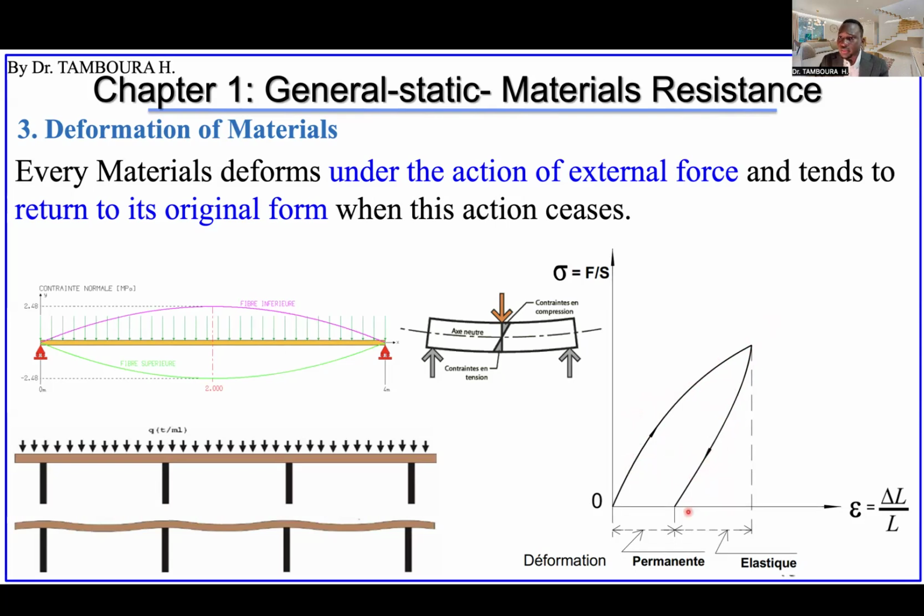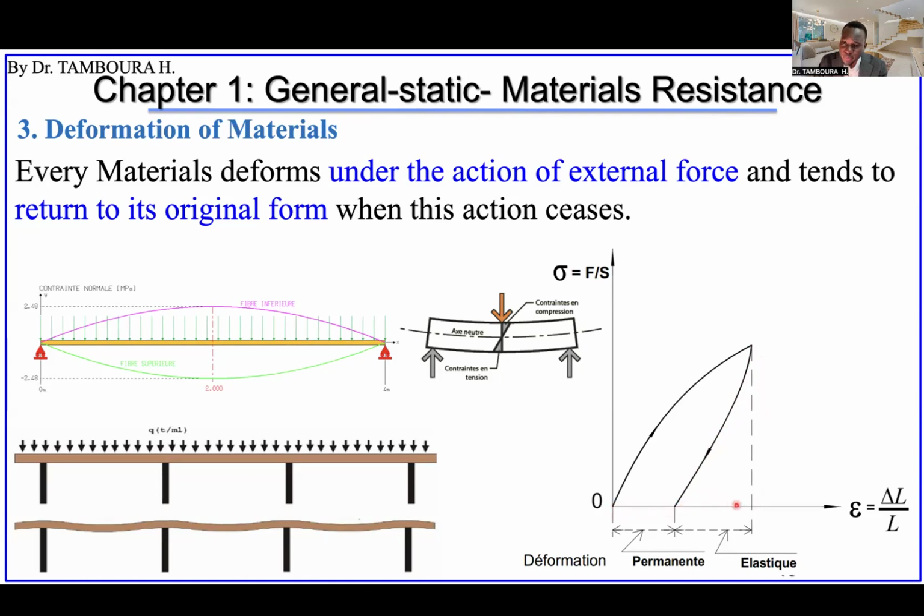It means in this case, from here to here, the corresponding deformation caused is this total amount here. However, when you stop applying load here, the material came back here. At this point, the load applied is 0, which means the stress is 0. However, you still have this deformation, not completely recovered.